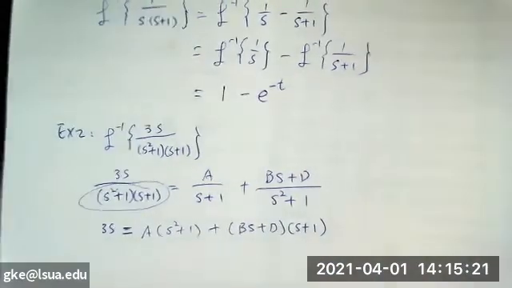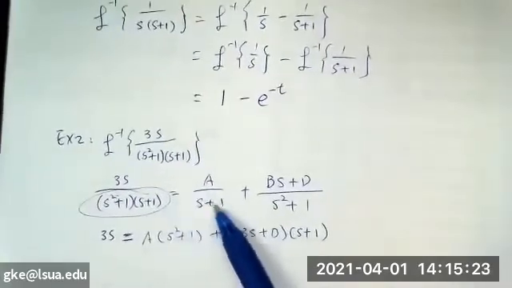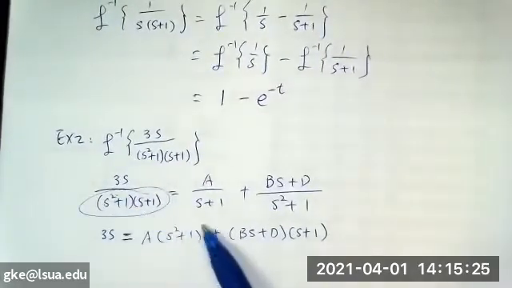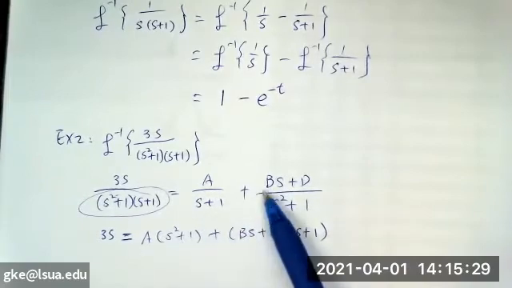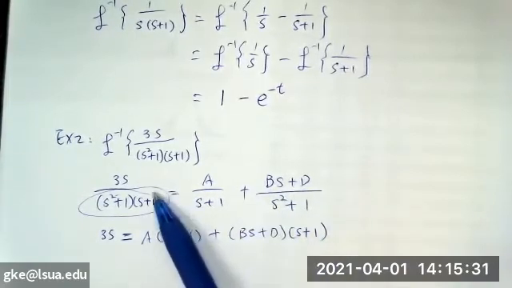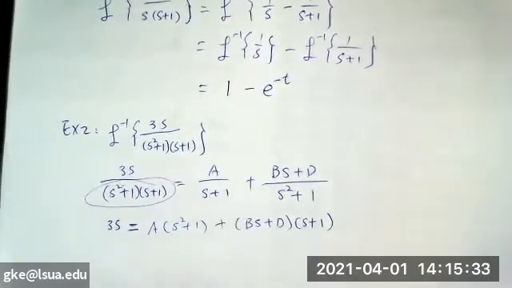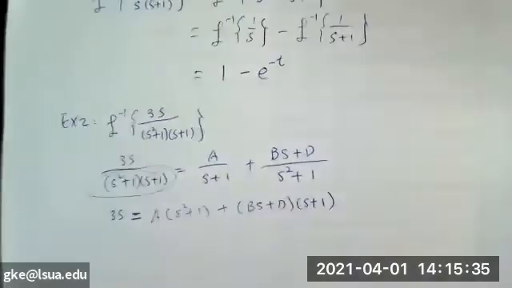We cancel out this term, and we're gonna have this term for the first term on the right. We cancel out this term, we're gonna have s plus 1, okay?